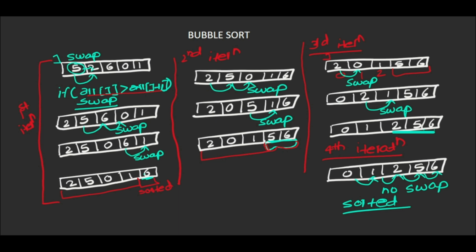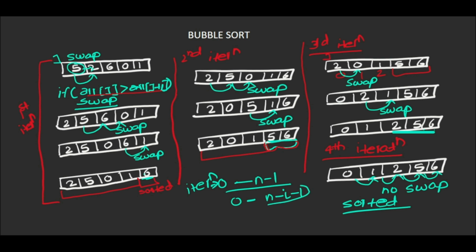Basically, the iteration, the outer loop, will go from 0 to n minus 1. And the comparison that we are doing, which is the inner loop, will go from 0 to n minus i minus 1.